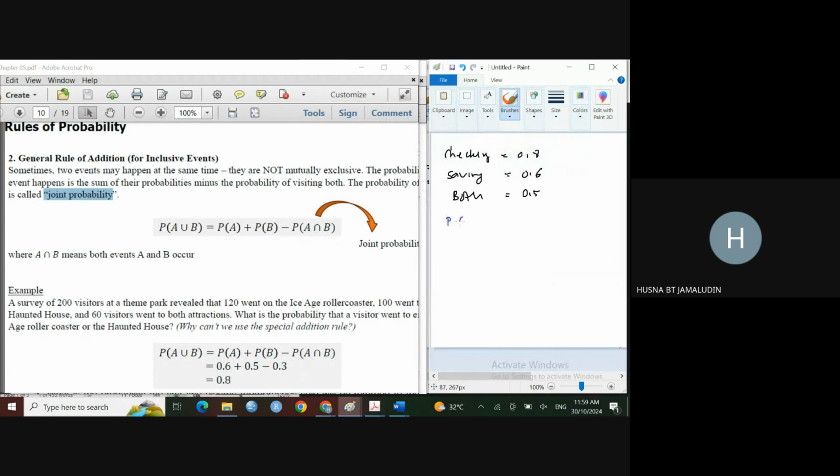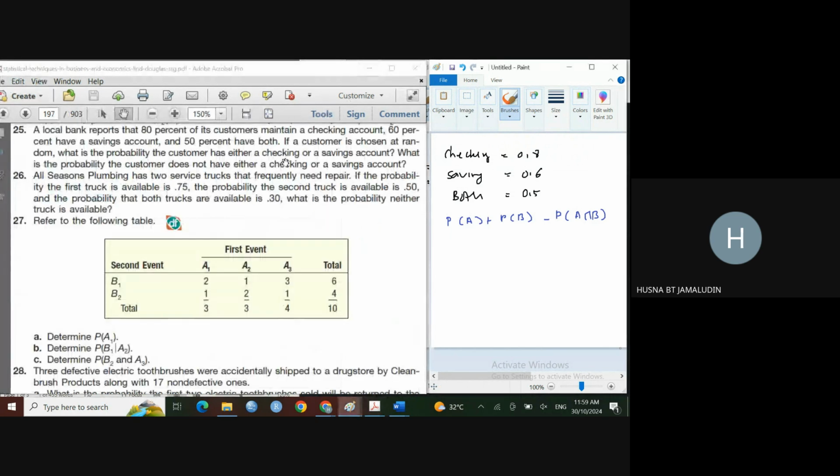Probability of A plus probability of B minus the probability of A intersect B. Now let's write the answer. Probability of A, which is your checking account, 0.8, plus 0.6. Solve this first, and then you minus the intersect one, the overlap one, which is 0.5. Can you give me the answer? You will get 0.9.